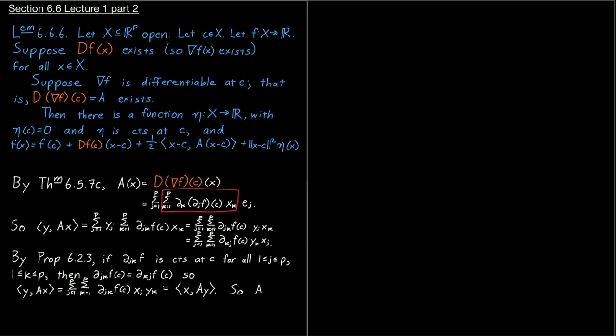So A is Hermitian, like the matrices you spent so much time on in the homework. This matrix that shows up in our second derivative is a self-adjoint matrix, a Hermitian matrix, so we can apply your last night's homework to this linear transformation.